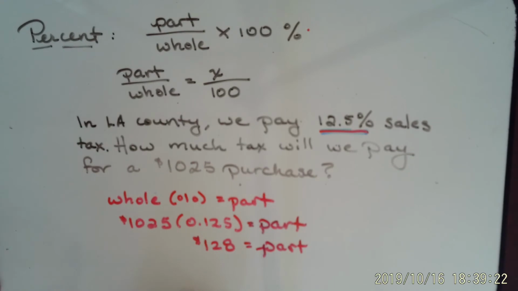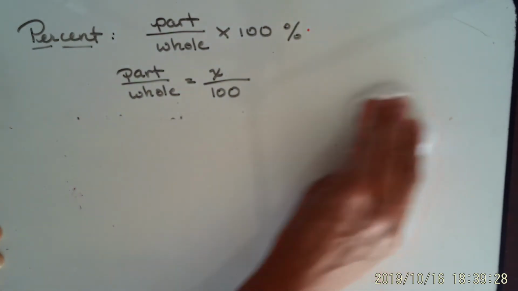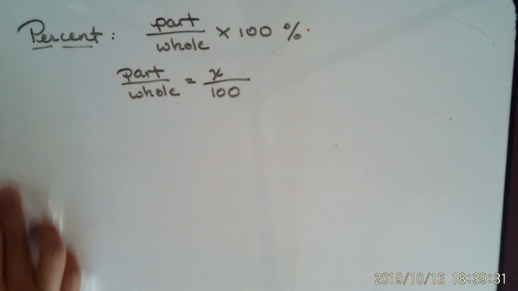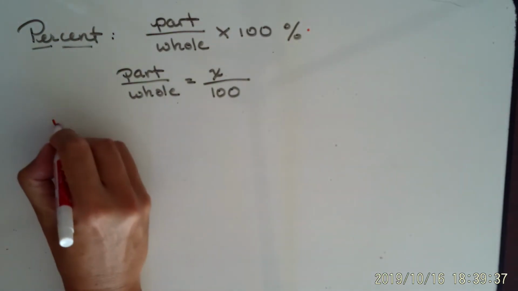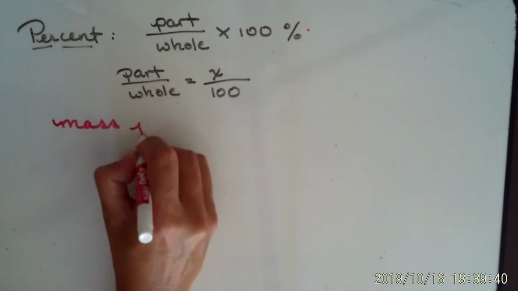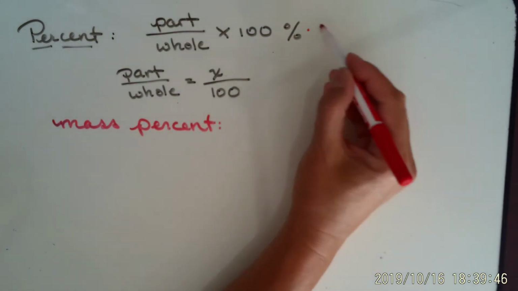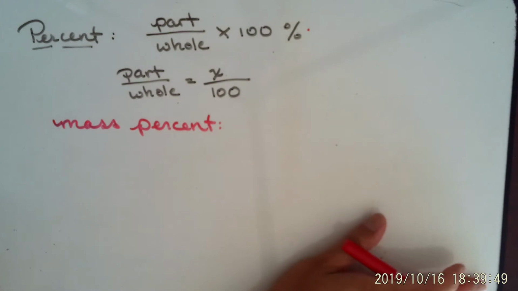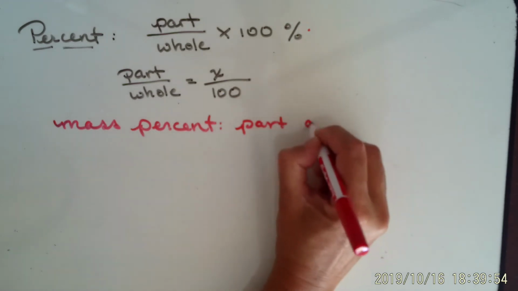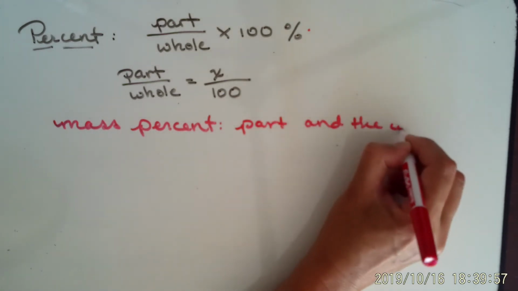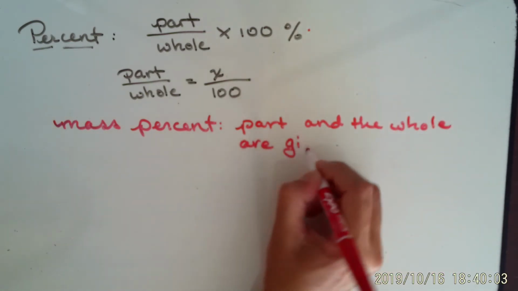Okay, now what else can we do with percent? Let me go ahead and we'll do a mass percent problem. And what does it mean when we talk about mass percent? If we see something like mass percent, is this any different than these definitions? And the answer is no. What it means is that our part and the whole are given as masses.